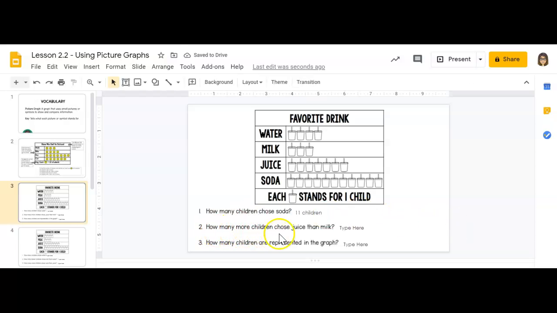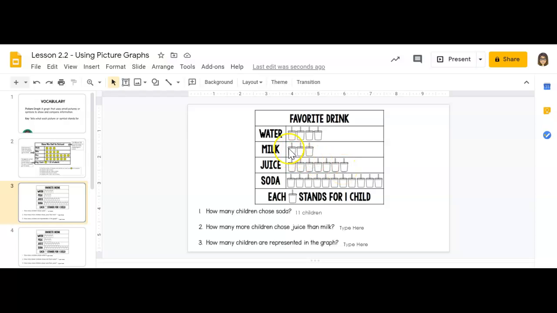Now it says how many more children chose juice than milk. Oh, how many more? That tells me subtraction. So we need to come up here for juice and count how many children chose juice. 1, 2, 3, 4, 5, 6, 7. Okay, we know how many chose juice. Remember, 7.